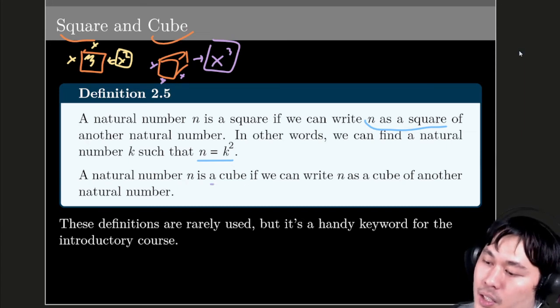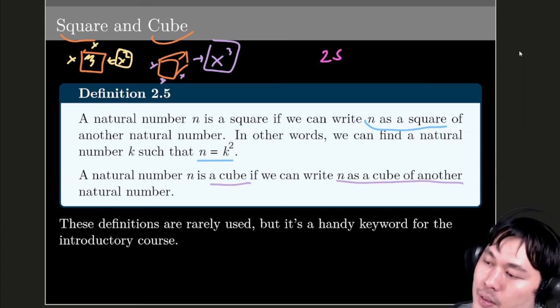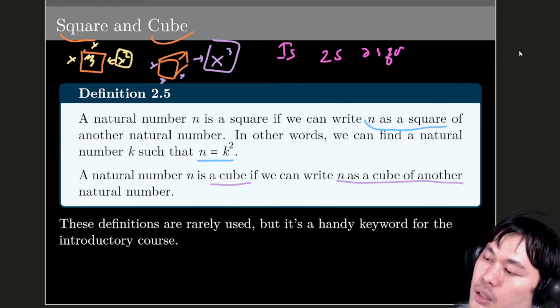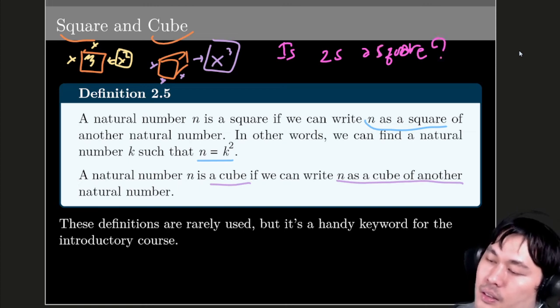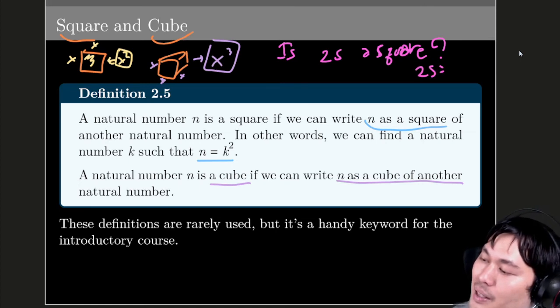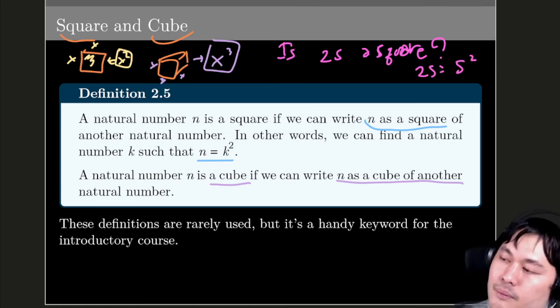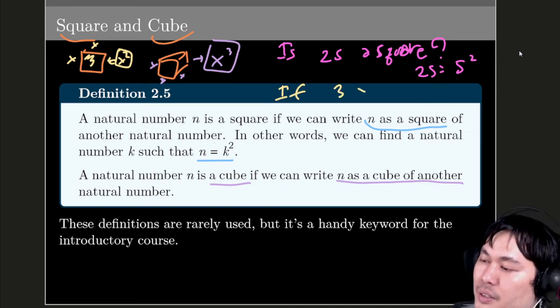If a number is a cube, then we can write that as a cube. If we ask you, is 25 a square? You will say yes, because 25 is 5 squared. That's simple. Is 3 a square?